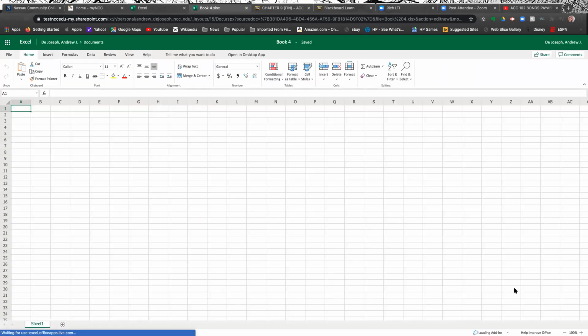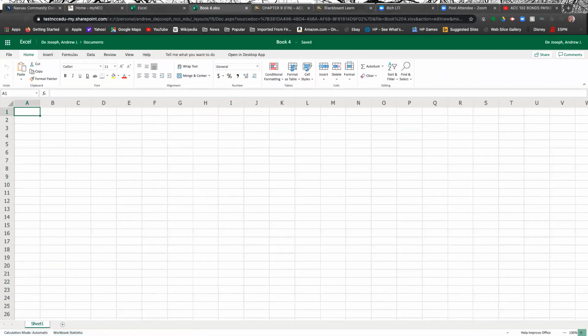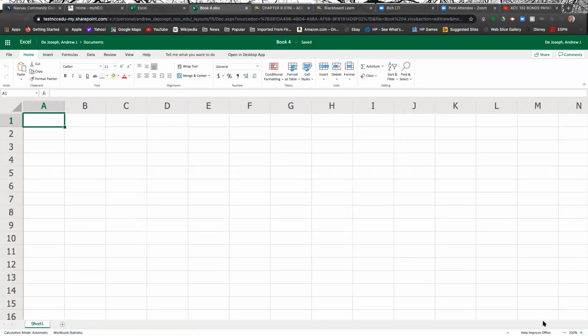All right, so let's use Excel to do it. Since we're going to be doing journal entries, so this is problem 9-7A, and this is also on page 481.